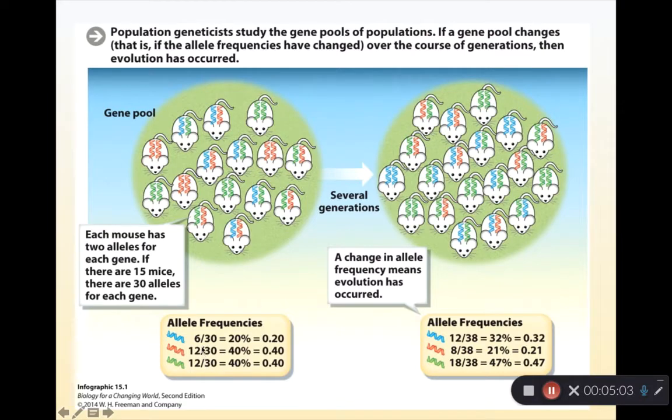And we can look at the frequencies of these genes. For this blue allele, we have 6 out of 30, so 20% of these alleles are this genetic allele. However, after several generations, this allele frequency might change, and it may change for several reasons, which we're going to go into. But we see a change in allele frequency. So again, this is the type of vocabulary that we need to think about when we're talking about non-adaptive evolution.